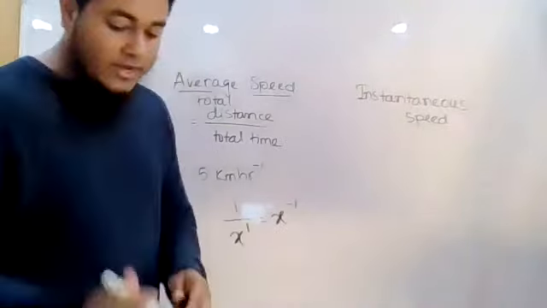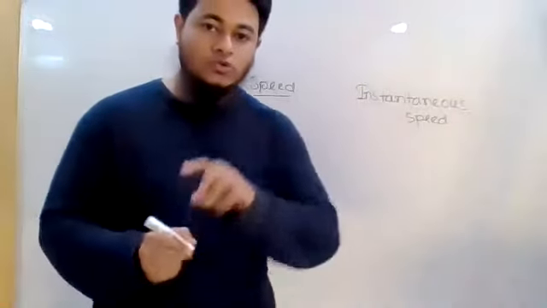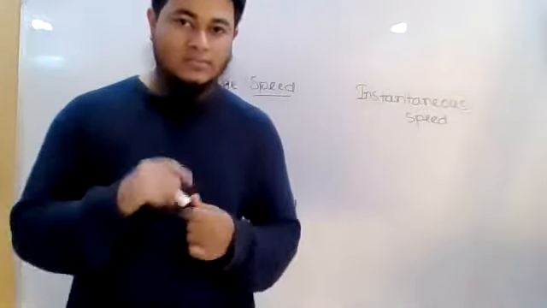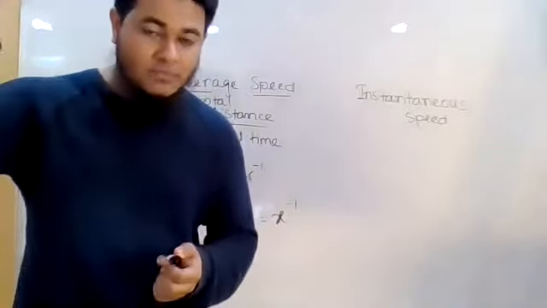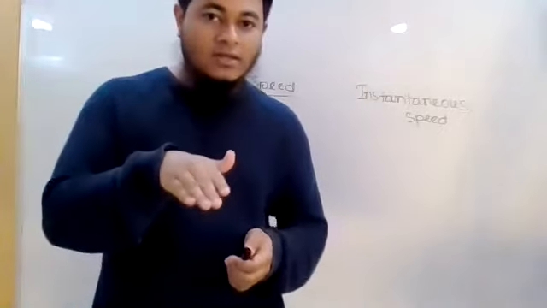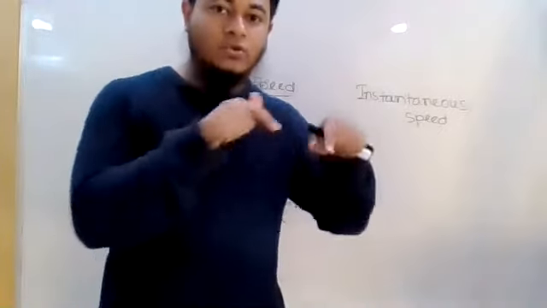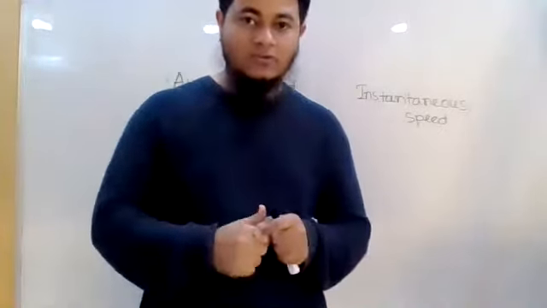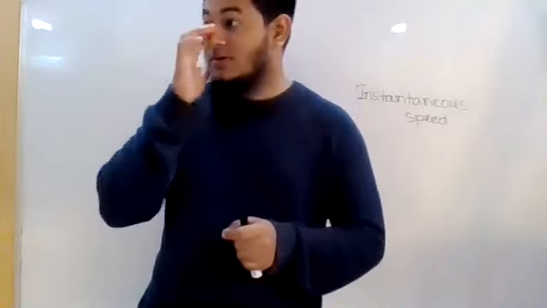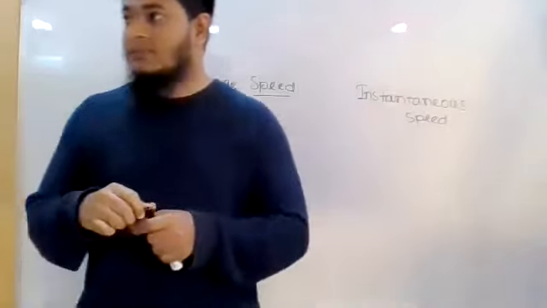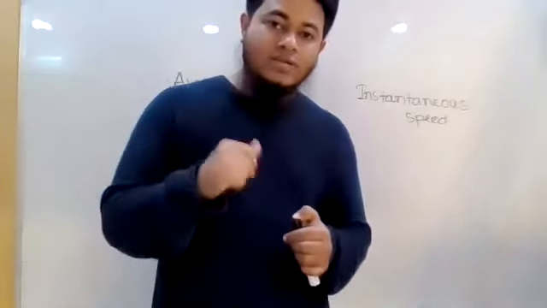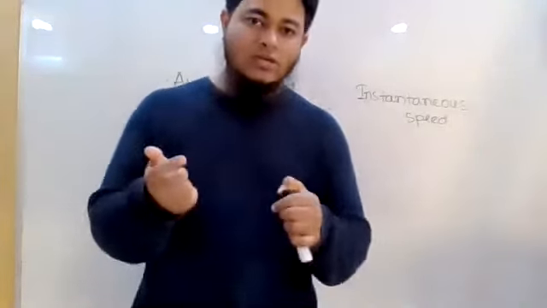Now, as I was saying, let us talk about instantaneous speed. While you are traveling from your house to the school by car, sometimes your car will have a high velocity, sometimes a very low velocity, and sometimes it will have to stop at the signal, right? So sometimes the velocity is 0 and sometimes it is high.